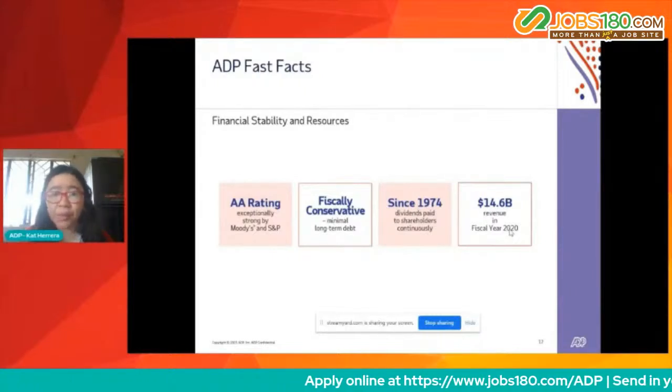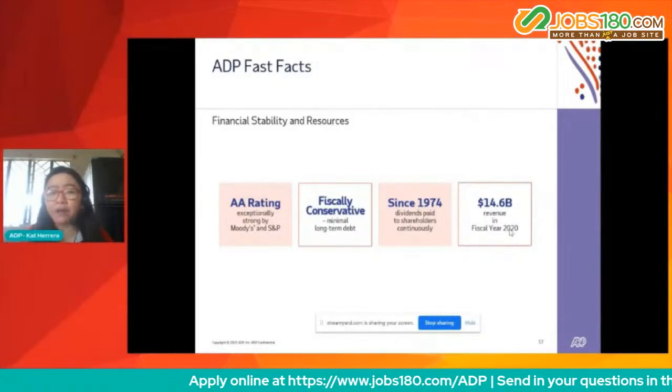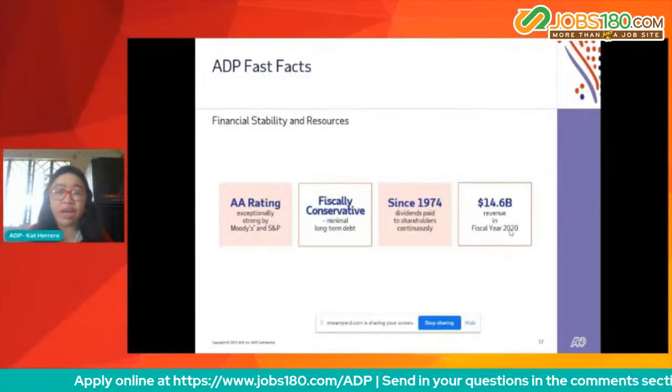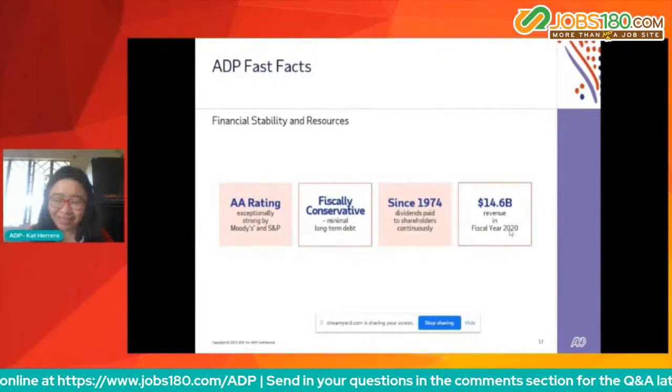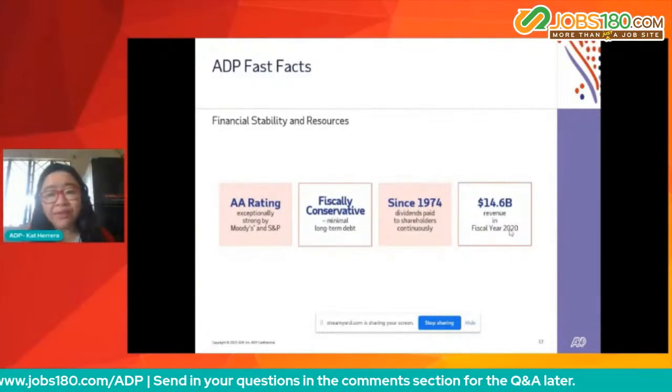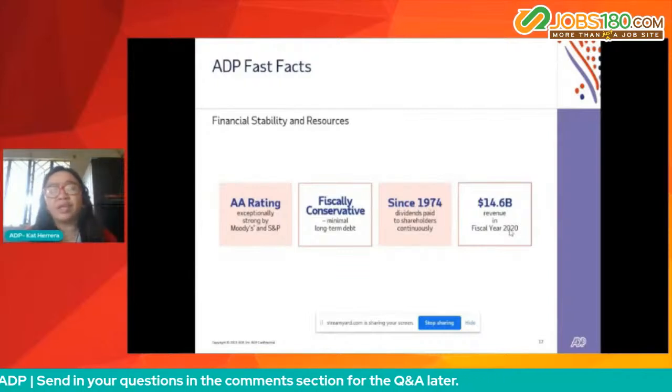So we're not going to go bankrupt even if there are unforeseen factors like the pandemic that happened last year. Since 1974, dividends have been paid to shareholders continuously.